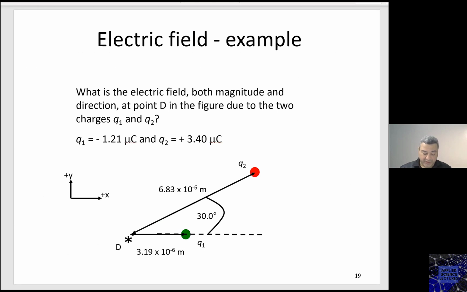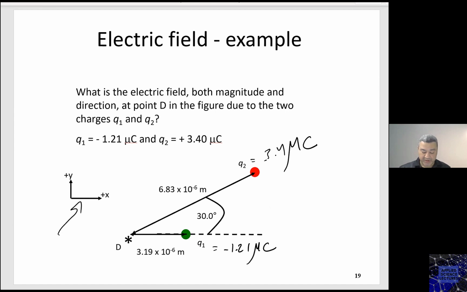Okay, so for this example, we have a negative charge Q1 that is minus 1.21 microcoulomb. We have a positive charge, 3.4 microcoulomb. We need to calculate the total electric field at the point D, given the coordinates x and y, as you can see here.